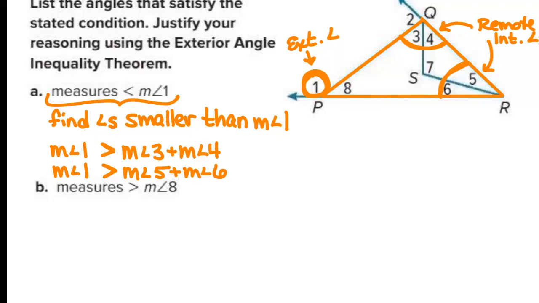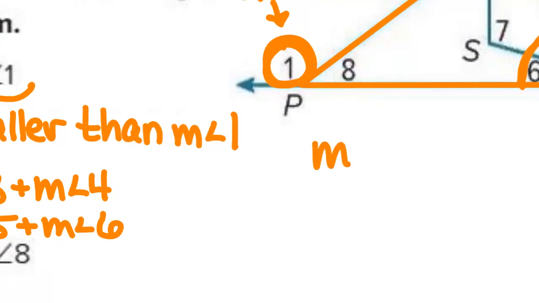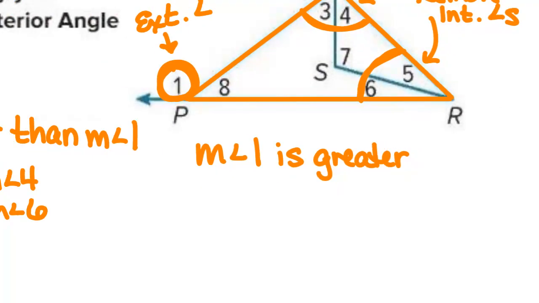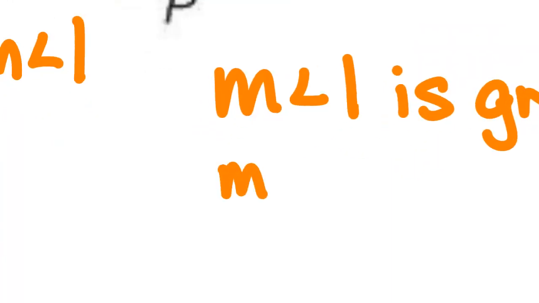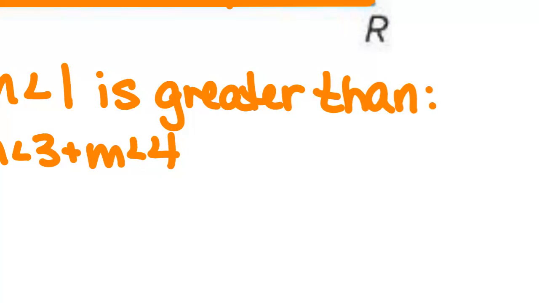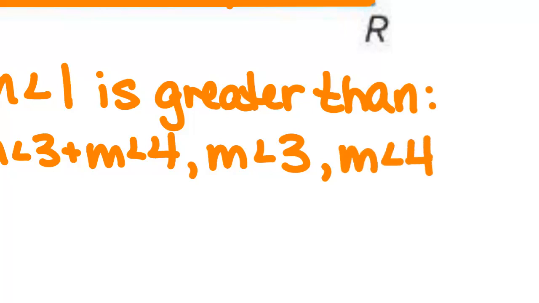All right, so my full and complete answer. Measurement of angle 1 is greater than, and now I'm going to list them all out here. It's bigger than the measurement of angle 3 plus the measurement of angle 4, because that does make an angle up here. It's bigger than angle 3 by itself. It's bigger than angle 4 by itself.